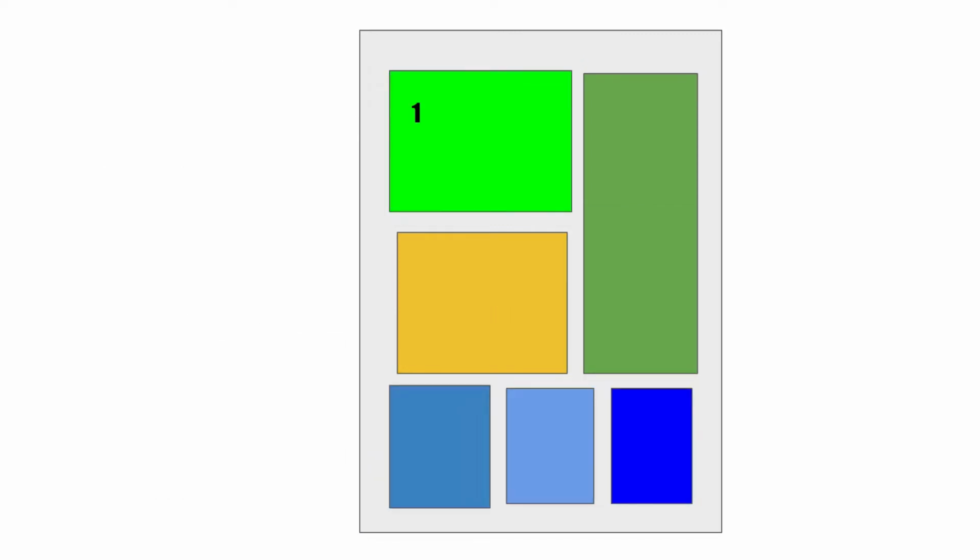So here's an interesting problem. Knowing that we go from left to right, top to bottom, how do we navigate this page? Do we go 1, 2, 3? Or do we go 1, 2, 3? The layout of the page doesn't help us.